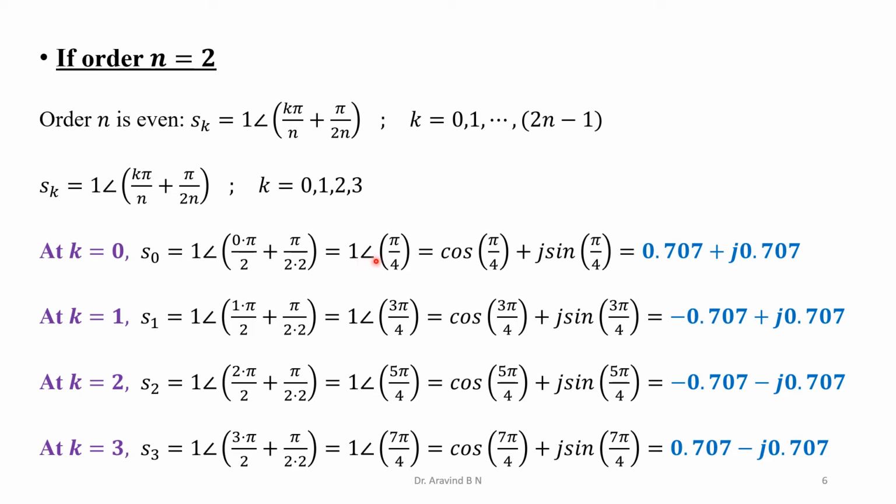So we get 1 at an angle of pi divided by 4, that is equal to cos pi by 4 plus j sin pi by 4. So we get the value 0.707 plus j 0.707. Similarly, we calculated for k is equal to 1, k is equal to 2 and k is equal to 3, and the corresponding results we obtained.